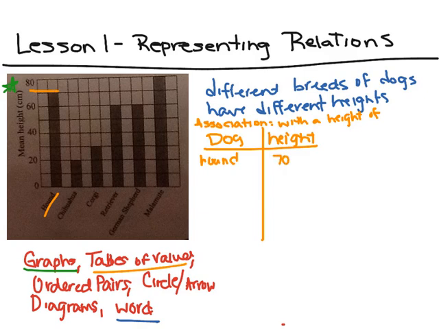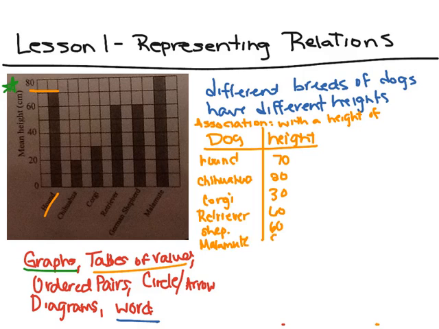We have a Chihuahua, and its height is 20. There's a Corgi, I don't know how to say that, and it's a 30. A Golden Retriever, and it's 60. A German Shepherd, and it's 60 as well, and a Malamute, which is 80.